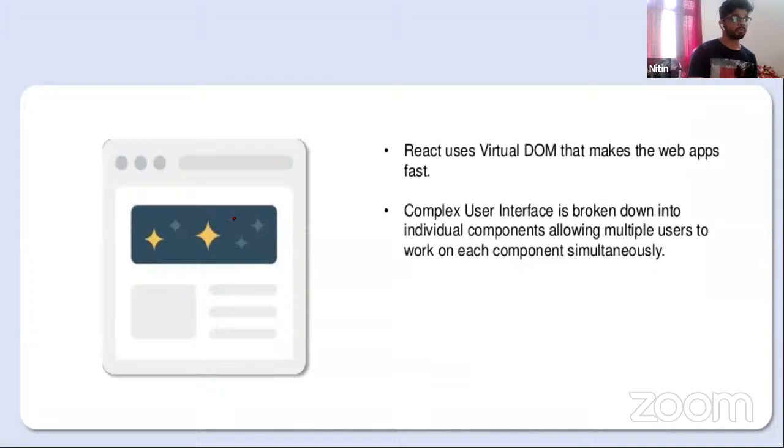One more thing is that from the development point of view, it makes development very fast because we can divide a very complex component. Suppose in the Instagram case, you have so many components on a page, and those components are very complex because they have API calls, they have other analytics work, many things going on in the background.